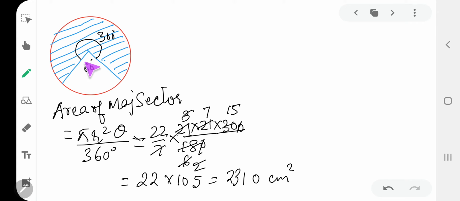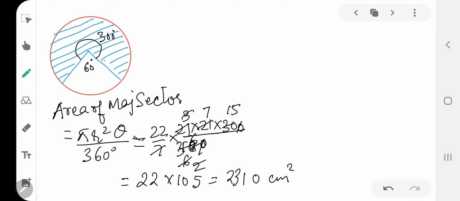This time you are finding the major sector, so the angle in the major sector is 300 degrees. So in place of theta you will write 300 degrees, and everything else is the same. So pi is 22 by 7, r is 21 into 21, theta is 300 degrees, divided by 360 degrees.